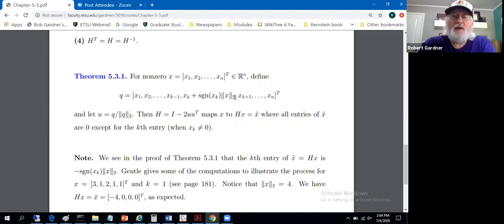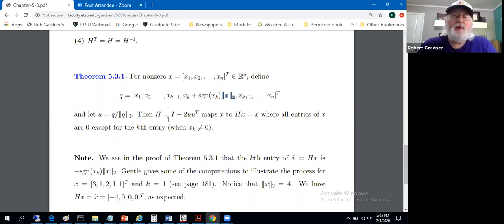In the following conversation, we're using the usual norms, the L2 norms, the Euclidean norm. So that's why there are subscripts of 2 on all the norms in what follows. The sign of x sub k is 1 if x sub k is positive, negative 1 if x sub k is negative, and 0 if x sub k is 0. Let u be the vector q normalized, q divided by the norm of q.